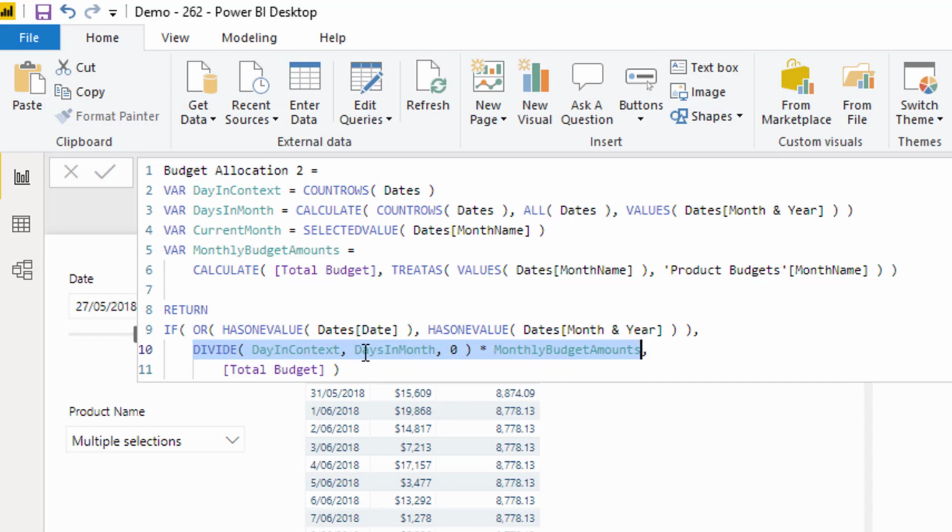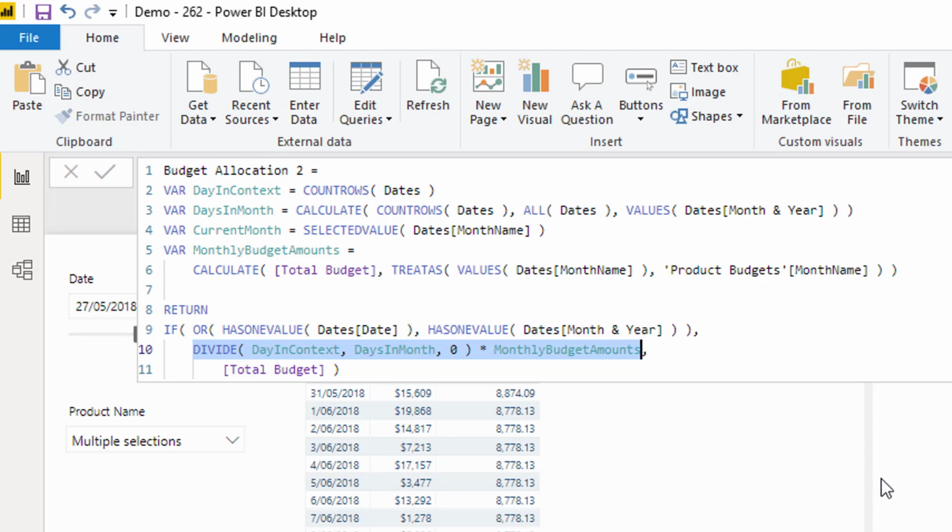So days in context divided by days in month, times the monthly budget amount. That is the methodology that is going to get your monthly budgets to every single day. If you had quarterly budgets, it would be 1 divided by days in quarter times the quarterly budget. That's how you're going to allocate quarterly budgets across every single day.